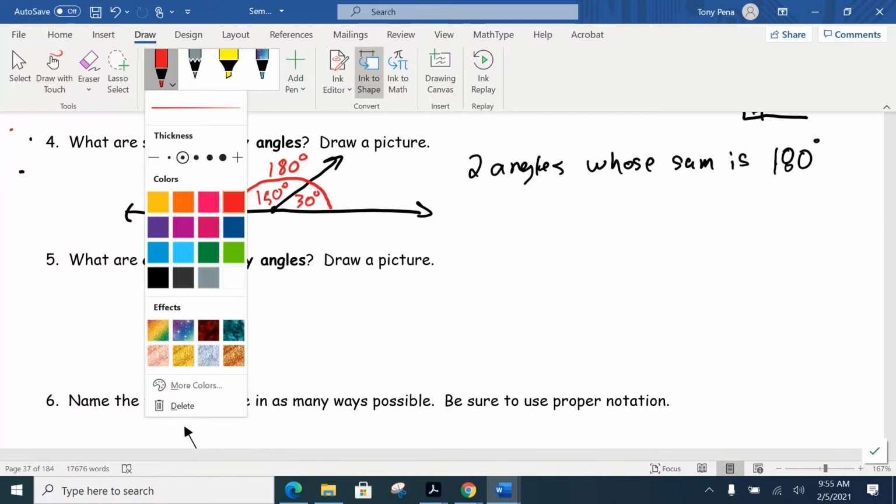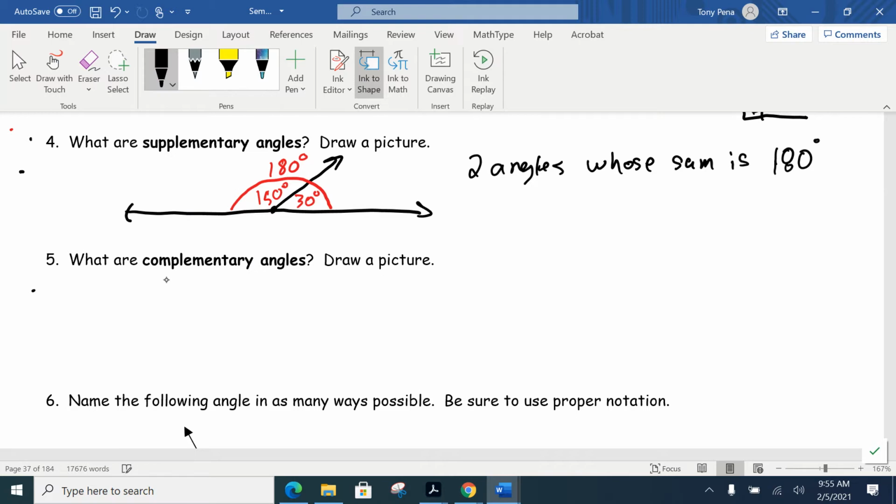You also have something called complementary angles. So let's draw a picture of this. This time, go ahead and don't draw a straight line. Draw a 90-degree angle for me. See if we can do that. We've already drawn one.